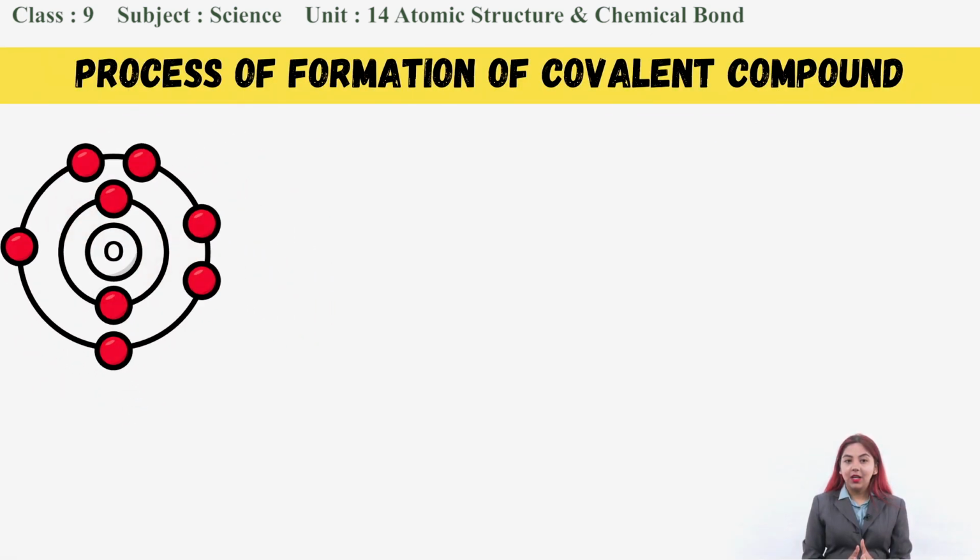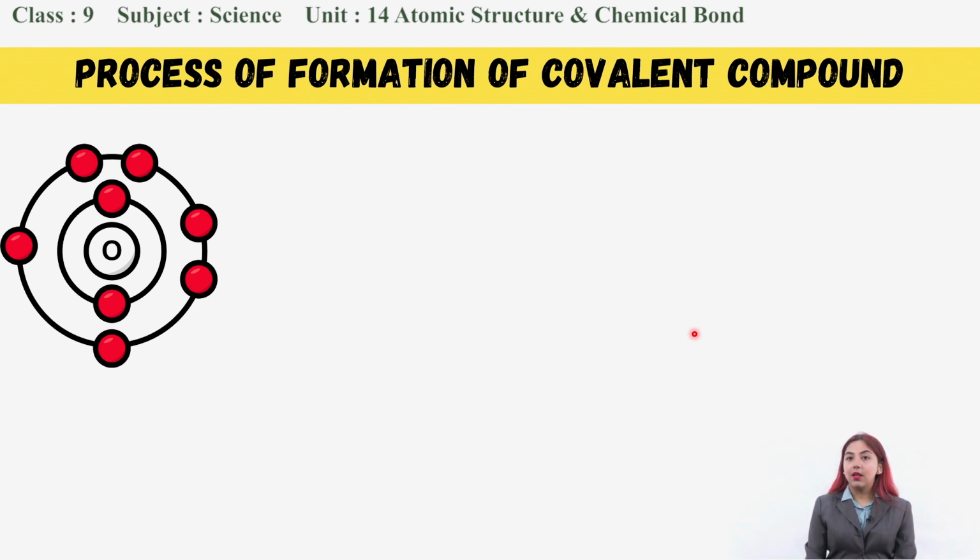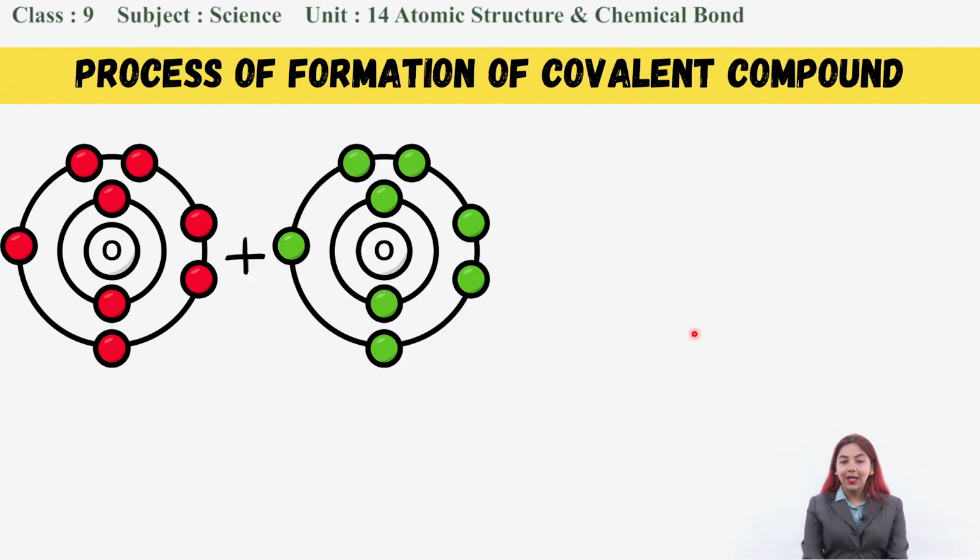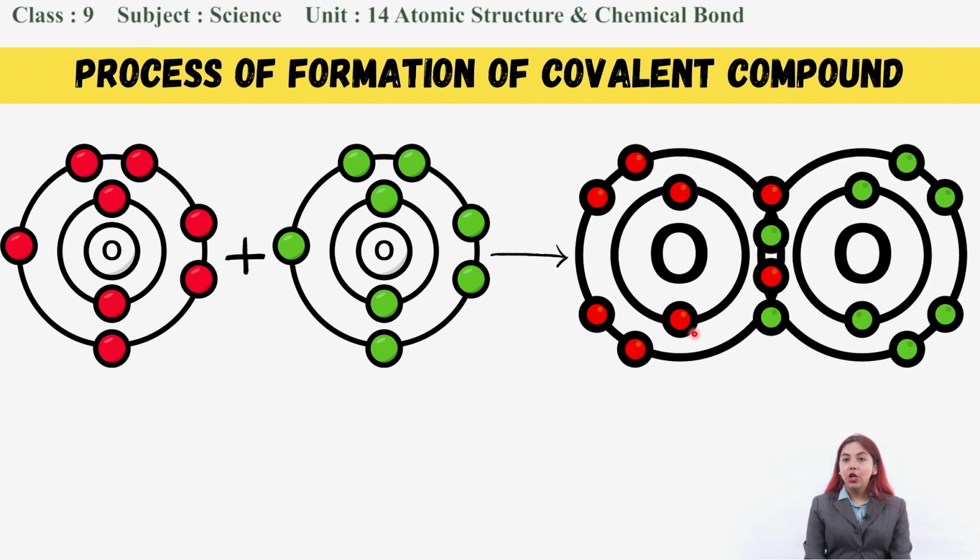We just studied the process of formation of the oxygen molecule, a type of covalent compound. So how did it happen? Let us revise again. Oxygen has 6 electrons in its outermost orbit, and another oxygen atom also has 6 electrons in its outermost orbit. So they both share 2 electrons among each other.